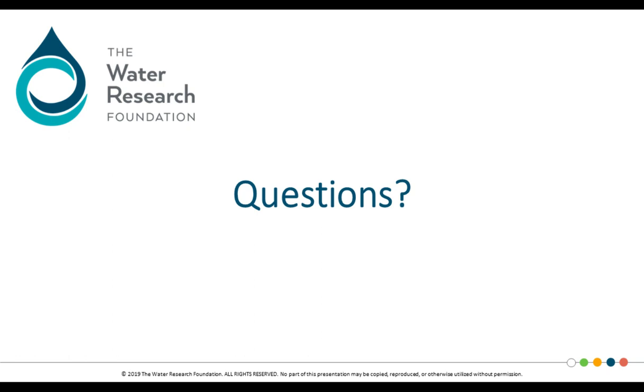If I could start. Before, I mentioned another project, and I don't have a slide for that because the principal investigator is not here, but we have a co-principal investigator. The project that is about to start, the number is 4914, and the title is Utility Response to Cyanobacteria Cyanotoxin Events, Case Studies and Lessons Learned.